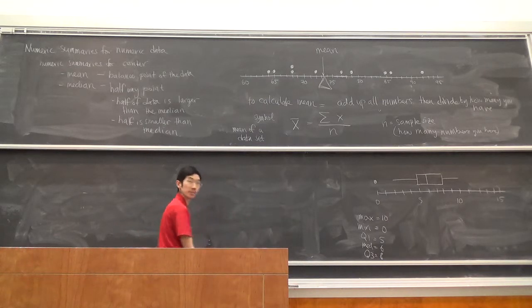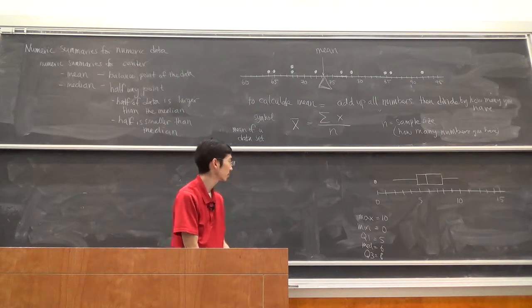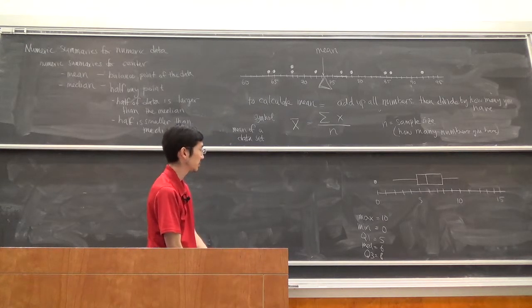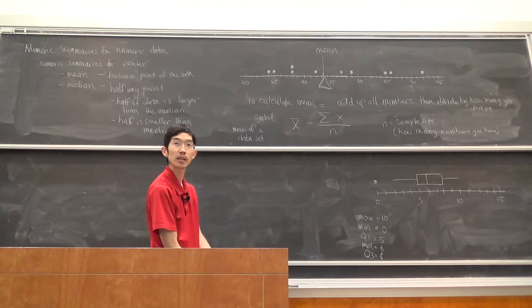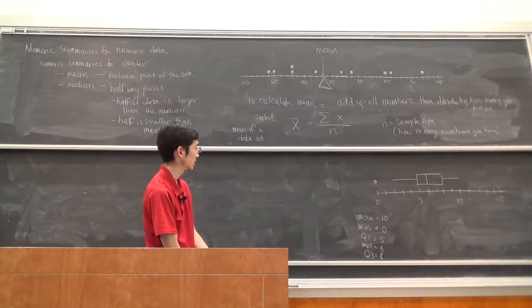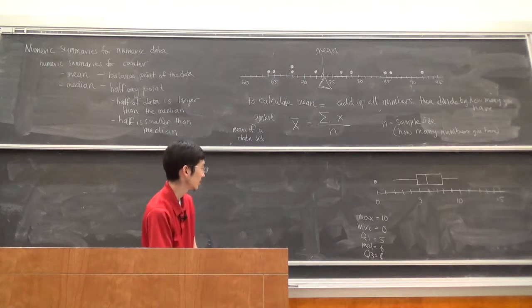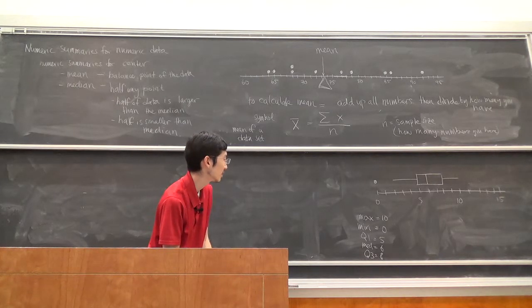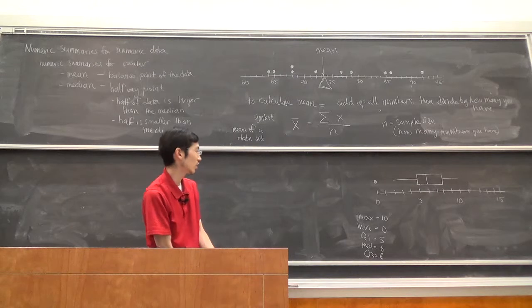In order to get the mean, you would add those numbers up. Mean is an average, a balance point.